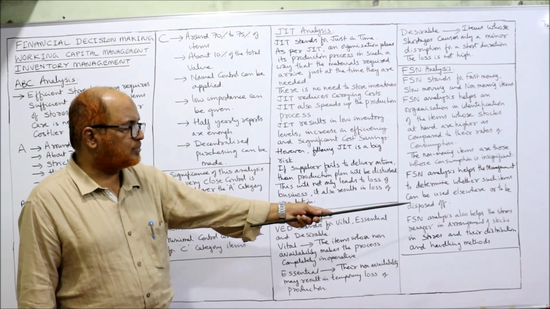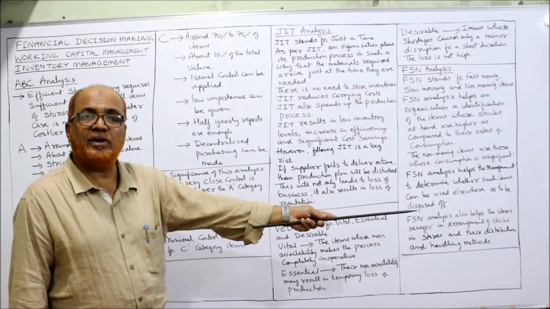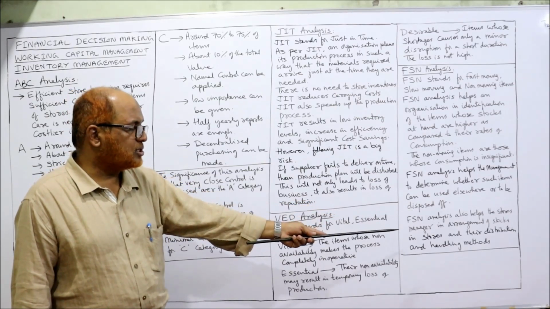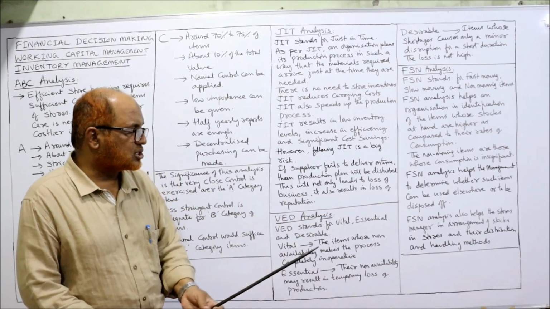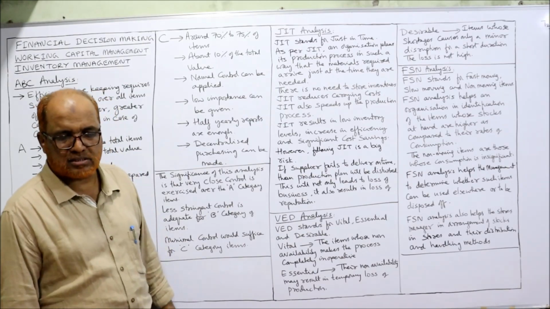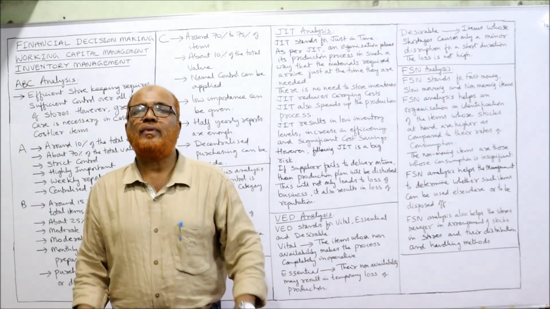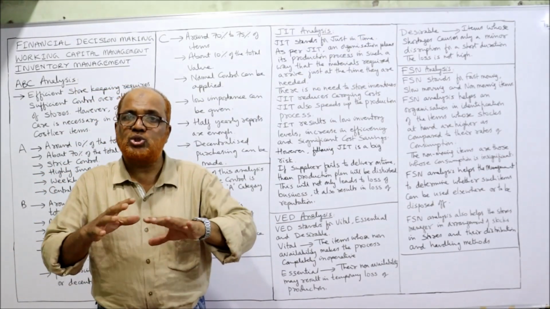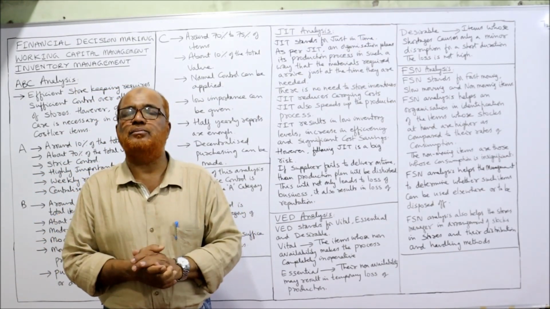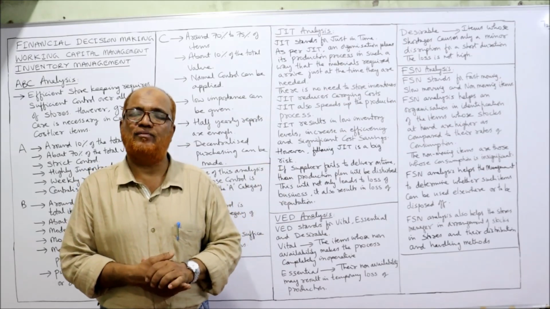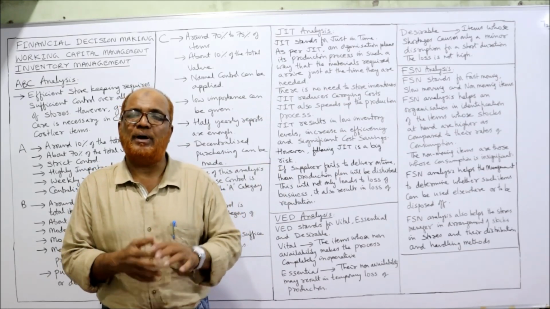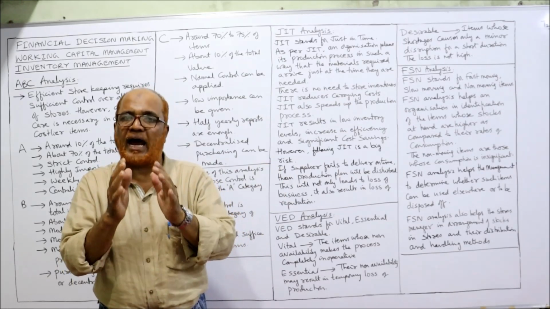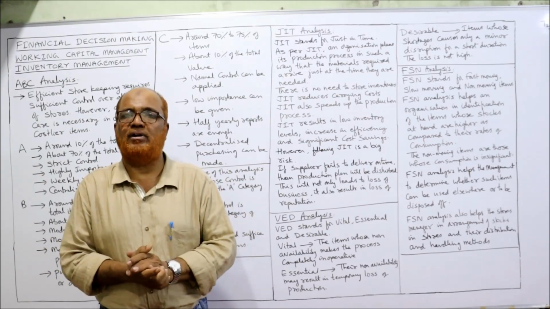FSN analysis also helps the stores manager in the arrangement of stocks in stores and the distribution and handling methods. So not only in controlling the inventory items, but also in storing and handling the items, FSN is very important for the storekeeper. By following this carefully, he can handle and sort out the inventory.